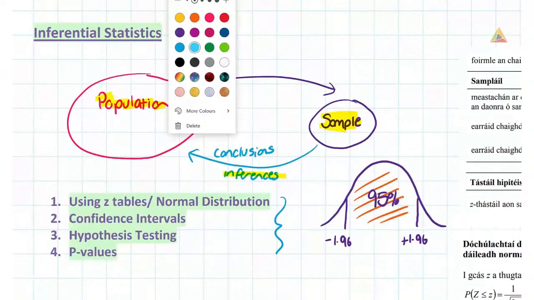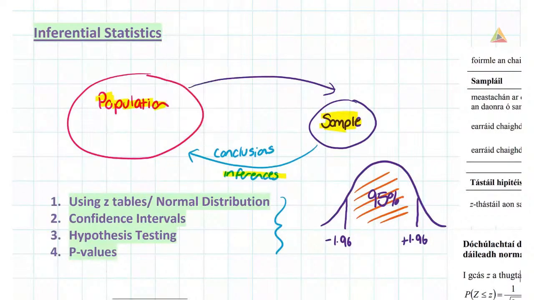And if 95% of the data lies within 1.96 standard deviations of the mean, then outside here in these blue parts, we have our 5%. That's coming from 100% minus the 95%. So those two values, plus and minus 1.96, are our critical values, and you'll be seeing those quite a bit in inferential statistics.